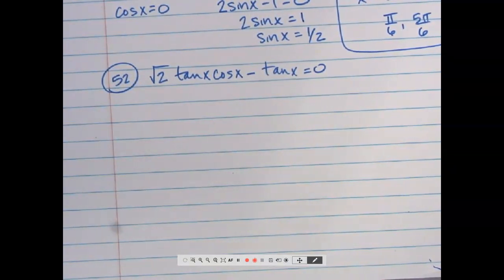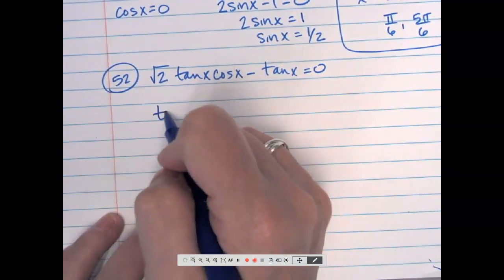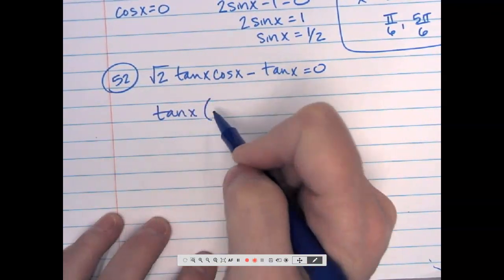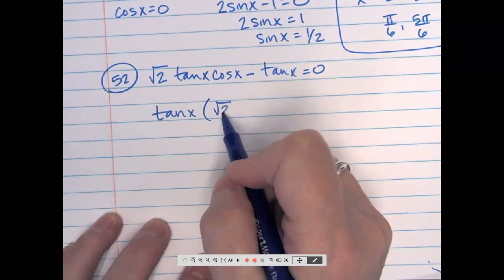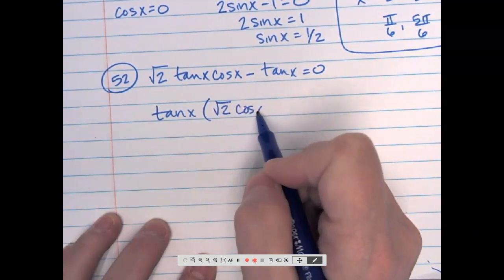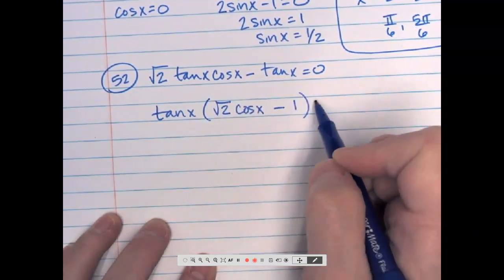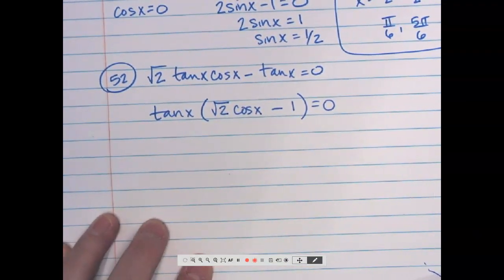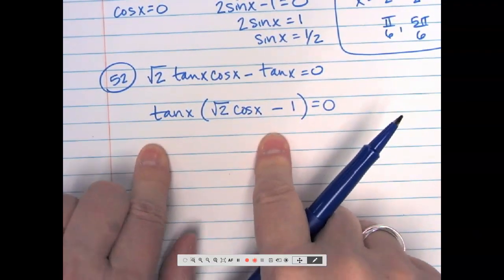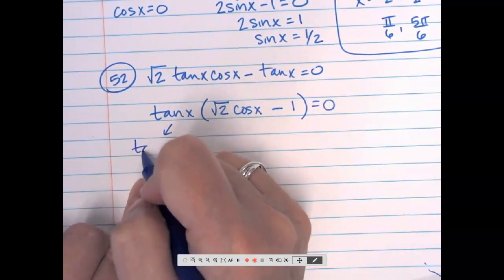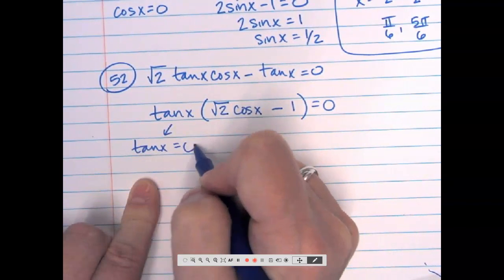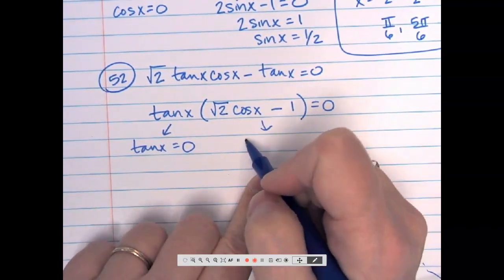They're not like terms, but they do have a common factor. In this case, that common factor is tangent. So I'm going to bring that out. That leaves us square root 2 cosine minus 1. I have two factors that are being multiplied to give me 0. Therefore, I'm going to set each of these factors equal to 0.